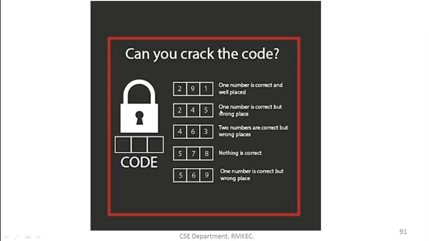Students who want a problem, you can answer this question.